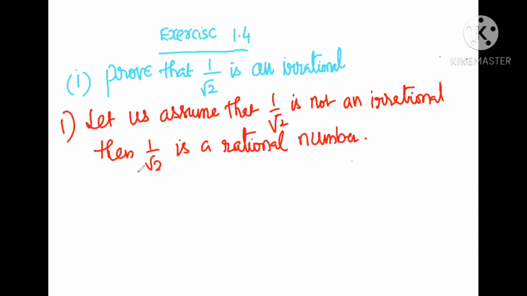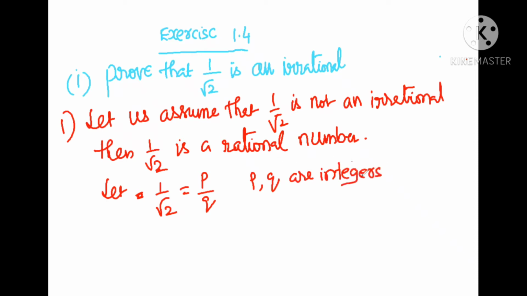Let 1 by root 2 is equal to p by q. This is a rational number where p comma q are integers and q is not equal to 0.